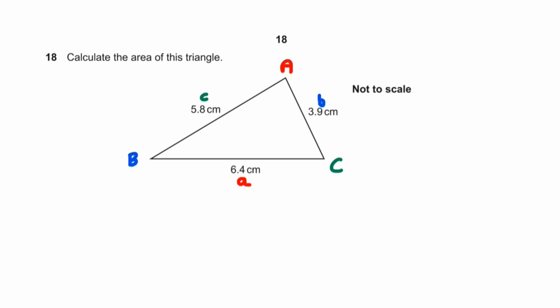So we have A squared, so that's 6.4 squared equals B squared, so I'll have 3.9 squared plus C squared.